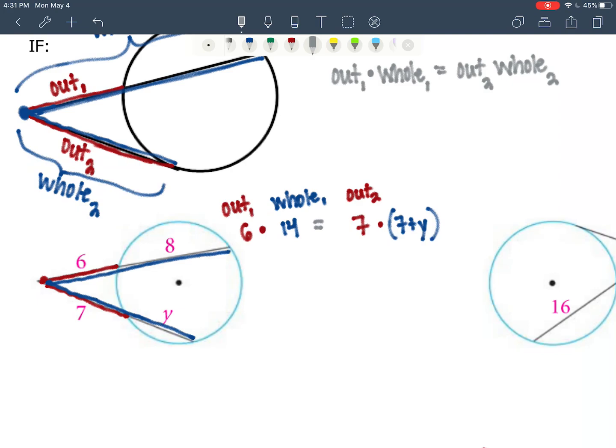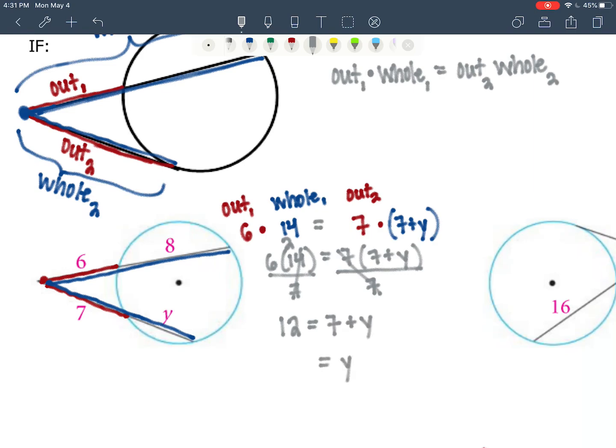So 6 times 14 equals 7 times (7 plus y). If you are a little bit ahead of me, you're probably distributing, multiplying 6 times 14, that's fine. I notice that I can divide both sides by 7 and not have to distribute, and then 14 divided by 7 is 2. So 6 times 2 is 12. 12 equals 7 plus y. y is equal to 5.